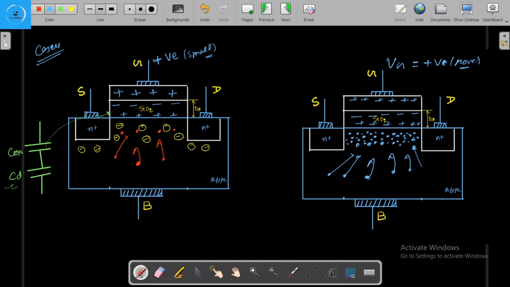And where are these electrons coming from? They are coming from the p-type substrate, right?